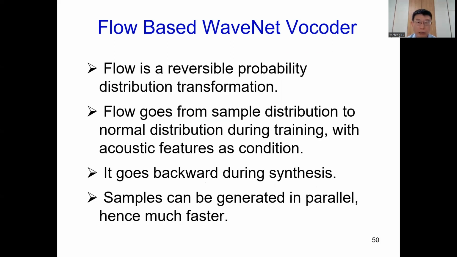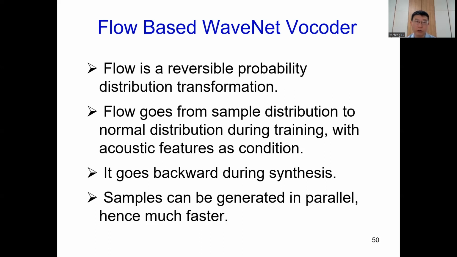So here are the basic ideas of the flow-based WaveNet vocoder. The general idea is to make the generation parallel, but it's based on the flow. Why can a flow achieve parallelism? A flow is a reversible probability distribution transformation. This is based on some mathematics. They're using flow because flow has this very good feature: it's reversible.